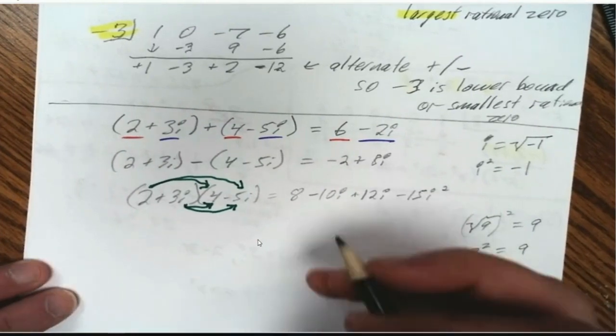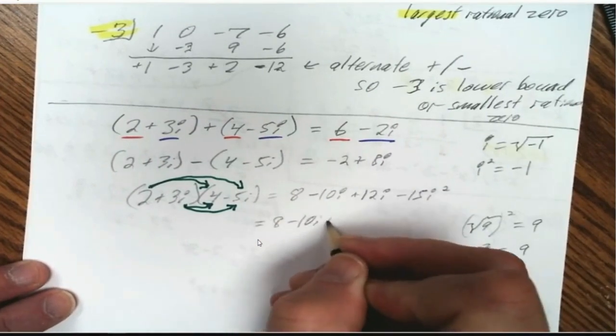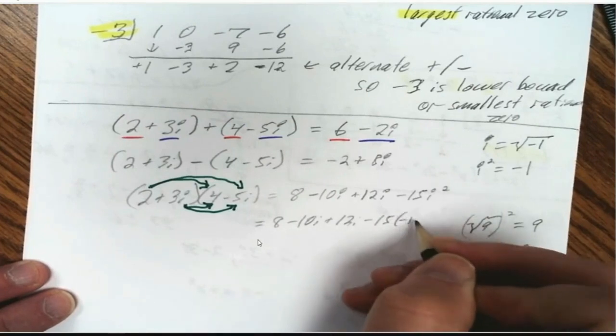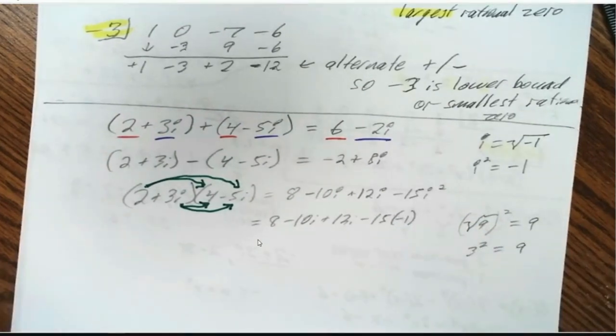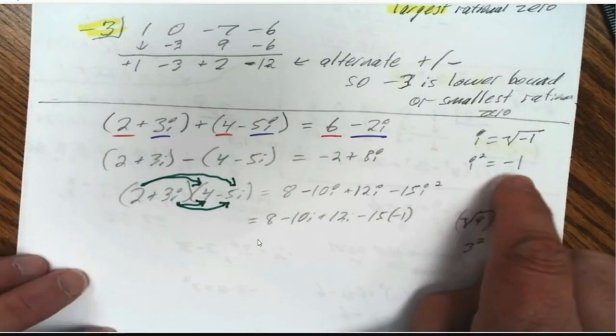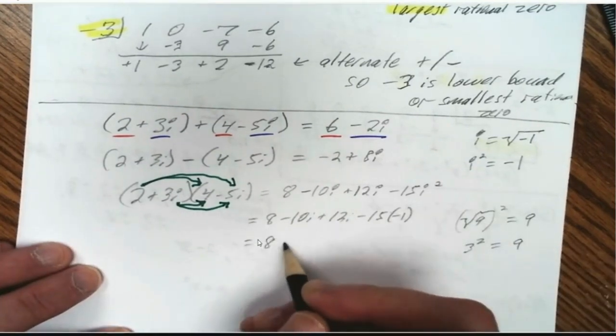So this can be rewritten as 8 minus 10i plus 12i minus 15 times negative 1. This became a real number, because when we have i squared, it's a real number. It's not imaginary any longer. So this is now 8.